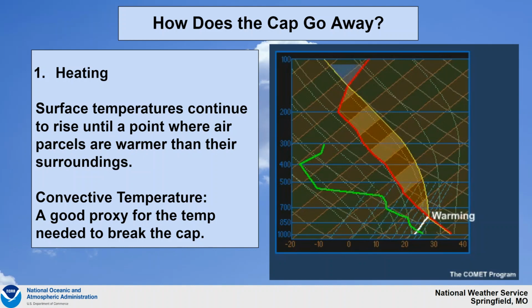If you've ever looked at a parameter called the convective temperature, that is a good proxy for the temperature that's needed to break the cap. So if you ever look at SKEW-T diagrams like this one and some of the data that it provides, we're able to look and see what the convective temperature is.